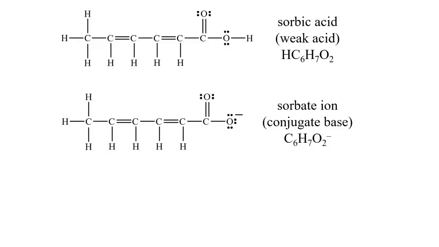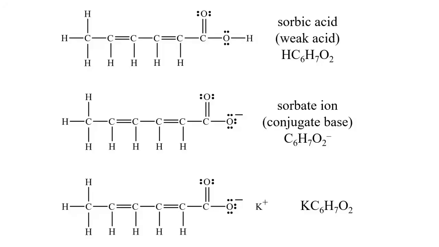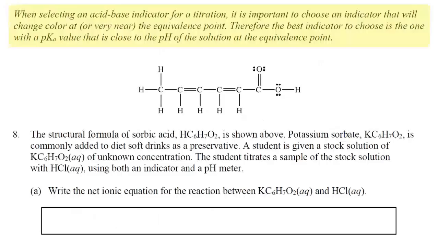So therefore, the formula potassium sorbate would simply be a potassium ion and the negative C6H7O2- ion together as an ionic compound or dissolved in aqueous solution. So we have a titration experiment in which the student titrates a sample of potassium sorbate with hydrochloric acid. So it's going to be a reaction between a weak base and a strong acid.